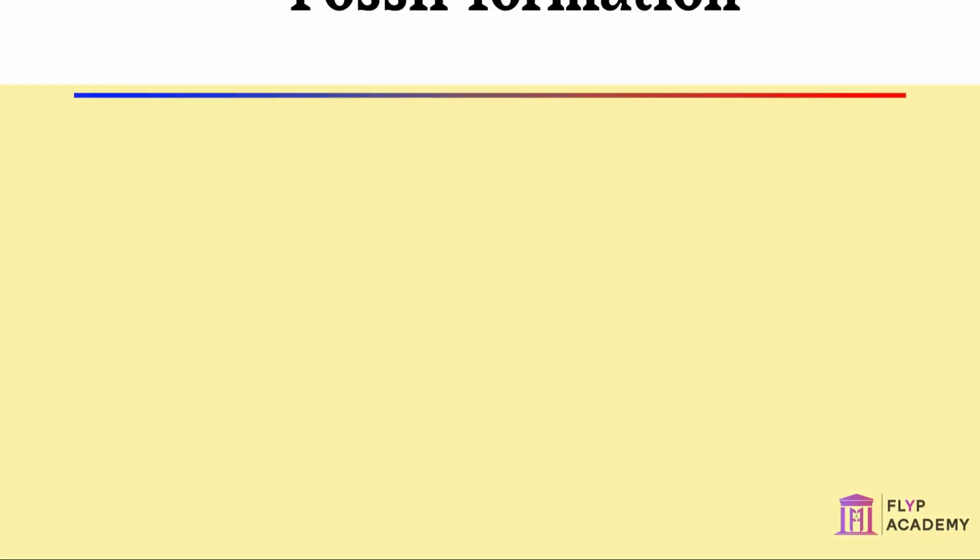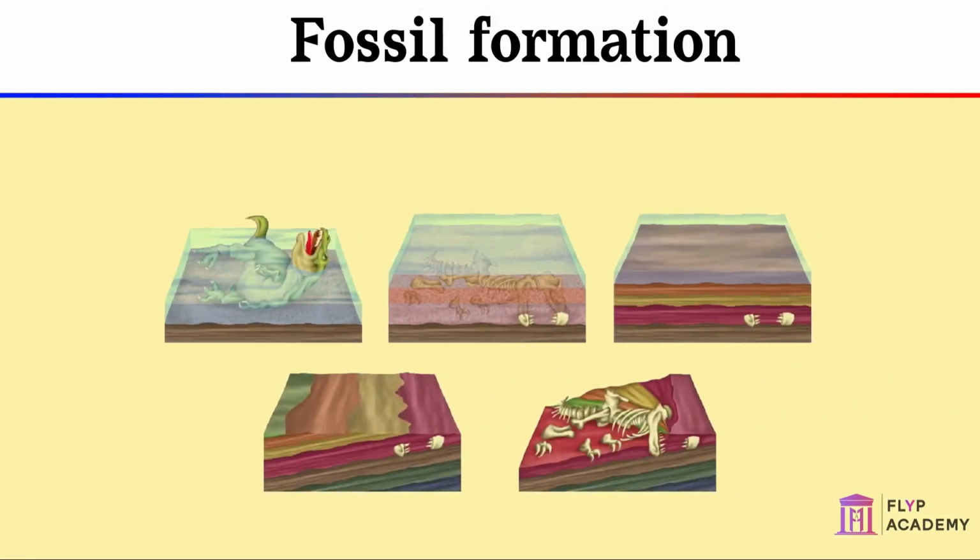Fossil formation begins when an organism dies. The organism falls to the seabed and is covered in mud and silt that builds up as sediment. The soft parts of the organism decay, leaving the hard parts. The sediment layers build up and the lower layers become sedimentary rock, and as water seeps through, the hard parts of the organism become mineralized.